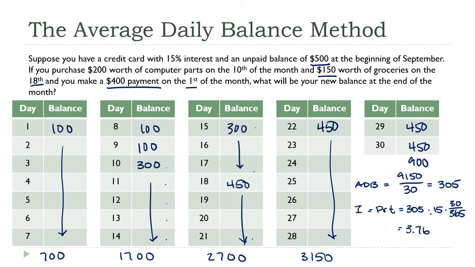So now if you add that to the final balance here, our final balance is $453.76. That is less than half of what we paid by making the payment at the end of the month.